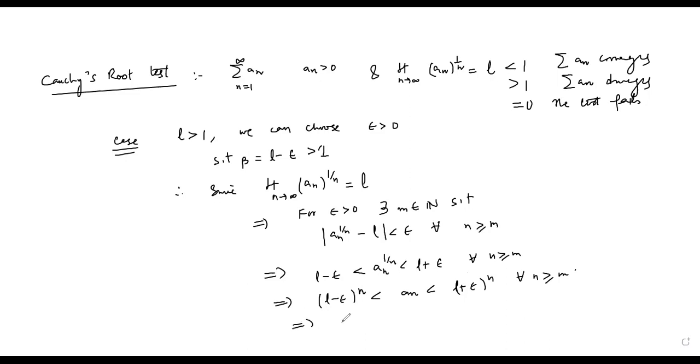And we can call this beta, जैसे कि हमने नाम दिया, यानी beta raised to power n is less than an for all n greater than equal to m.